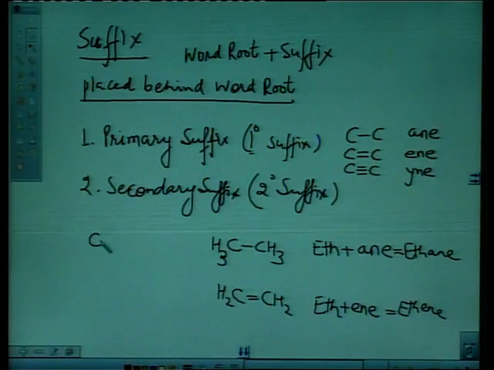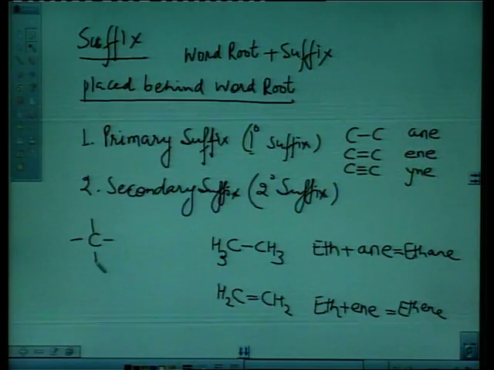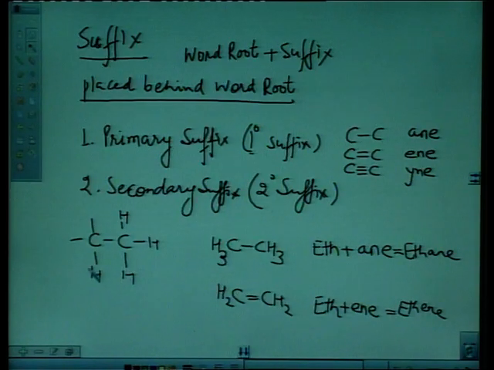So, here I would like to tell about the number of bonds in carbon. Carbon is tetravalent, it forms 4 bonds at its periphery.